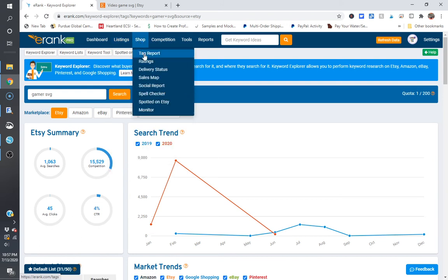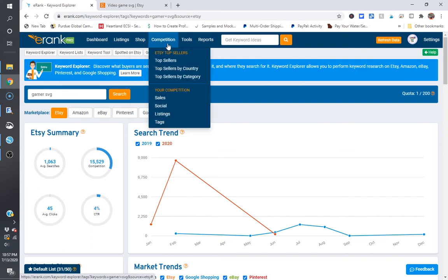There is a tag report, ratings, delivery status, sales map, social report, spell checker, and things that you want to monitor. Competition, you can look at top sellers by country and category, which may help you. And competition versus sales, social listing, and tags.